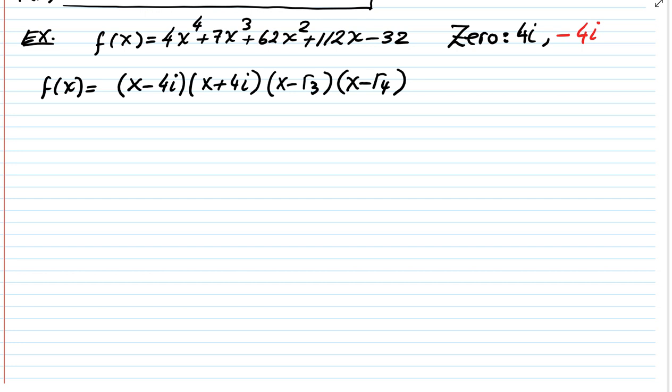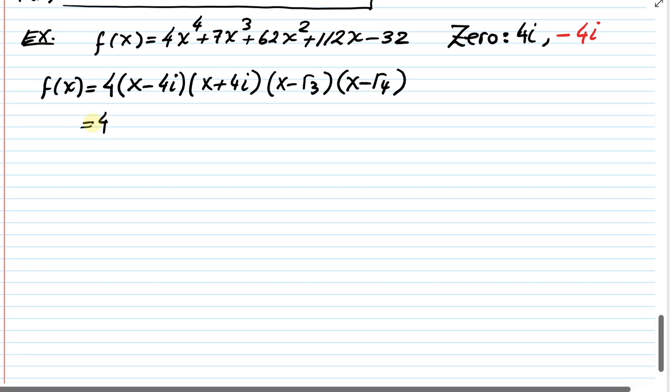Now the leading term is 4, so I'm going to put 4 in here. Let's carry on, and we can actually leave the 4 out if you want, but I went ahead and wrote it in. Now let's multiply those conjugates.